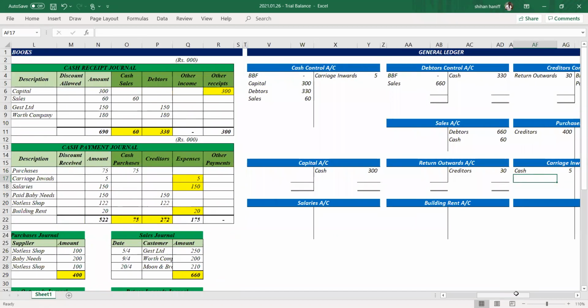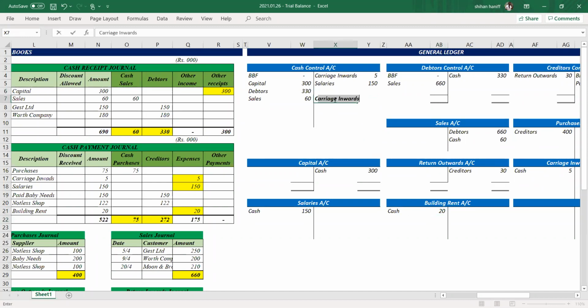Salaries 150: cash account credit, salaries account debit 150. Building rent 20: cash account credit, building rent account debit 20.